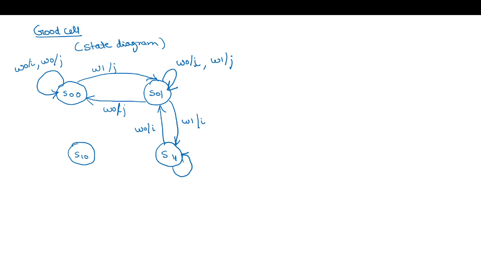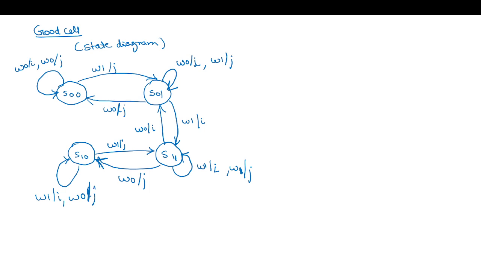And to be in this state, both I and j need to be 1. To come to this state, j should be 1. Now for this, to remain in this state, W1 for I, W0 for j.